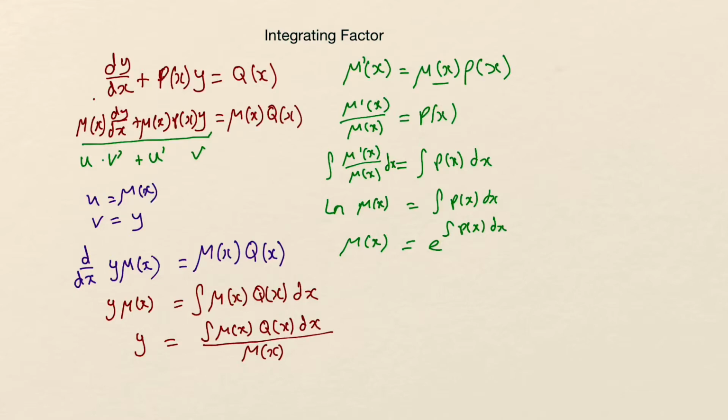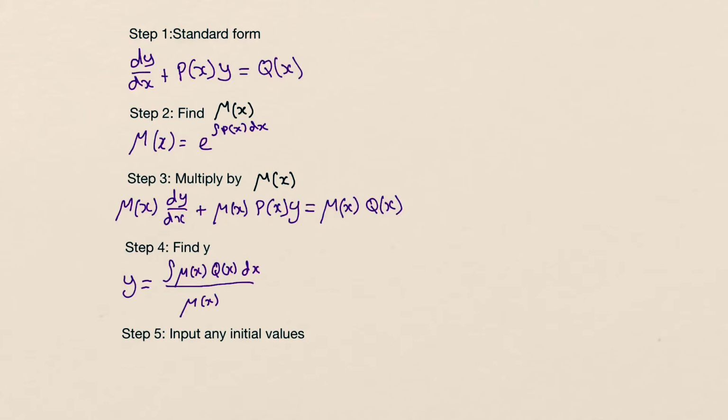And this is our equation to solve an ODE using the integrating factor. Okay, to recap, first step we did was just put it into standard form, then we found out what the function mu of x was, multiplied the equation by mu of x, made y the subject, and then we solve for y and input any initial values if we have them.